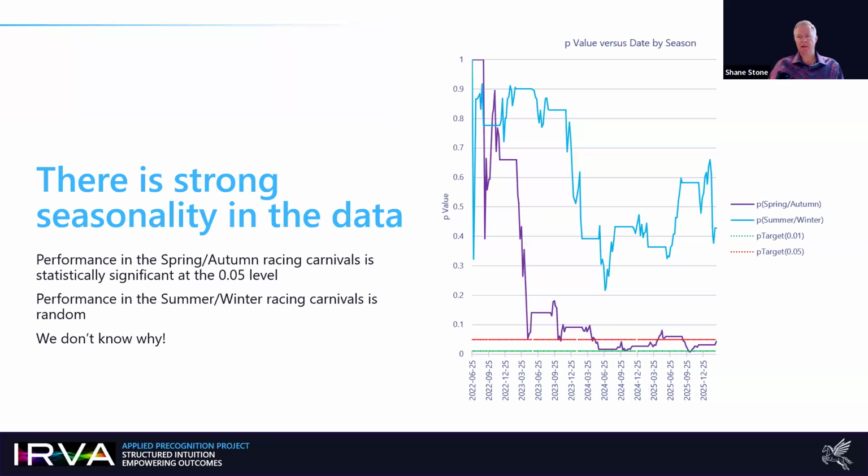But what we see is that the spring and autumn racing carnival is very, very clearly predictable, very much different than the summer and winter carnival. There's some other maths we can wrap around that to say how confident we are in that.